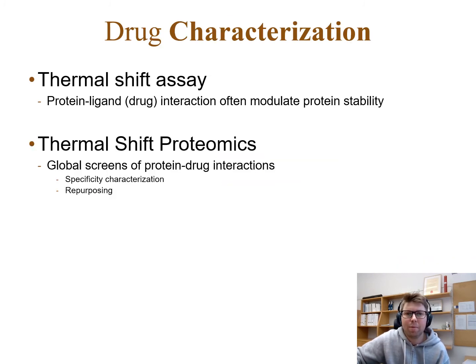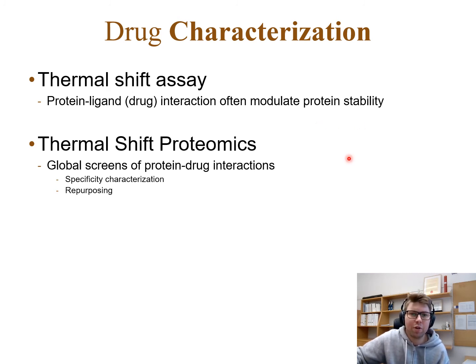So in summary, in this section where I talked about mass spectrometry in relation to drug characterization, I first talked about the thermal shift assay, which is an experimental approach that allows you to assess protein-ligand or protein-drug interactions that often modulate the stability of proteins.